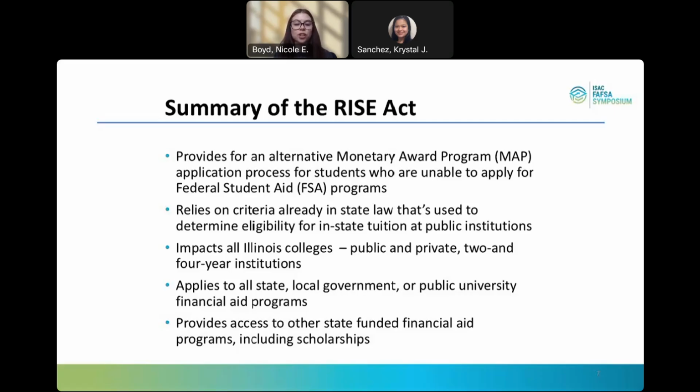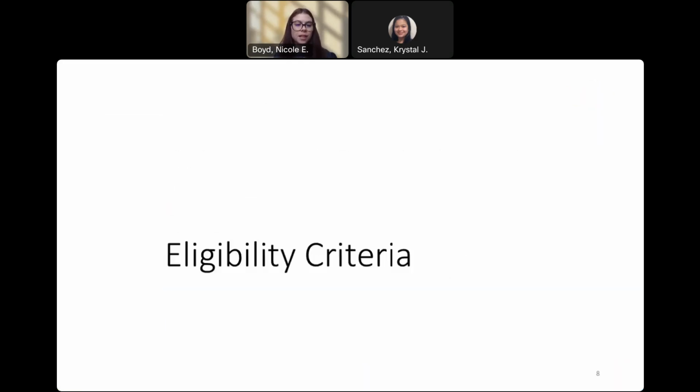And as I mentioned earlier, it applies to all state, local government, or public university financial aid programs. And then it also provides access to those other state-funded financial aid programs, including scholarships. So like I said, this goes beyond just the MAP grant. Now, of course, there is still certain eligibility criteria to be MAP eligible, or RISE Act eligible, I should say.